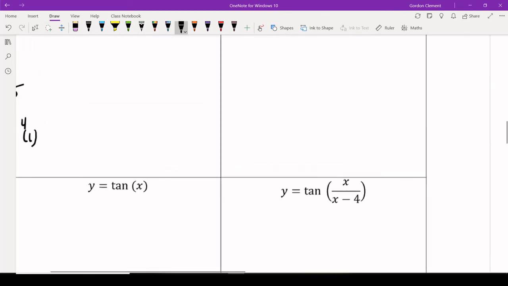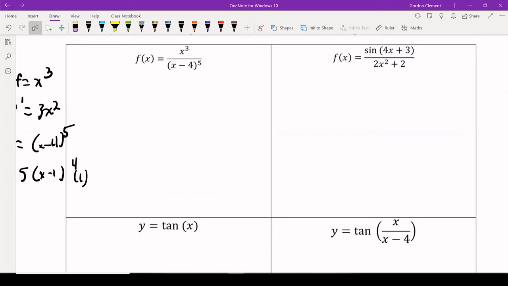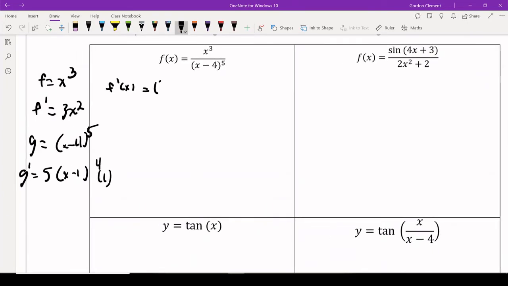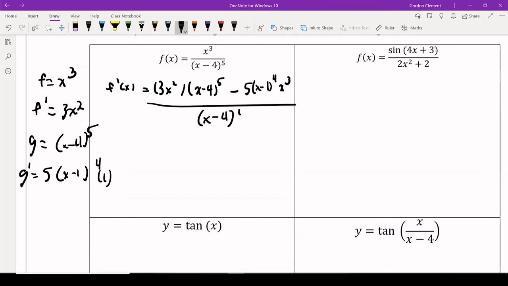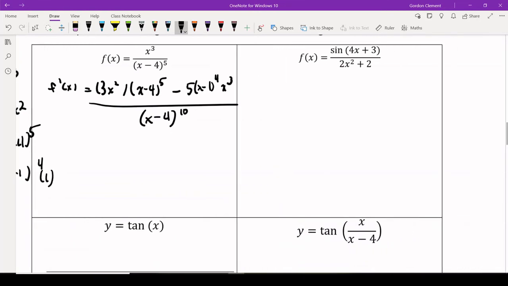And then f prime g minus g prime f, minus 1 to the 4, f is x cubed, all over g squared, which is going to be to the power of 10 now. So there's the first one.